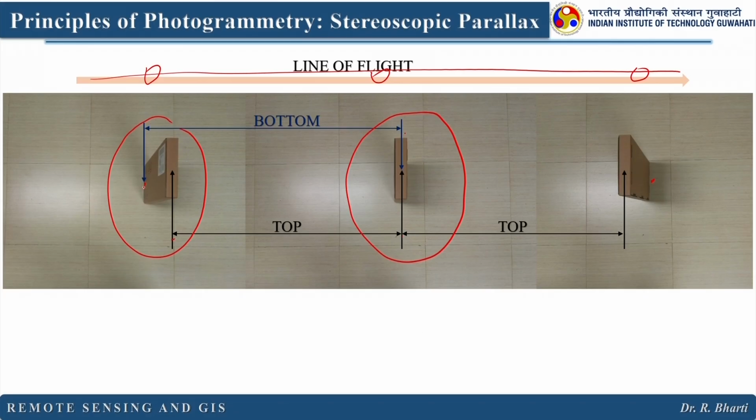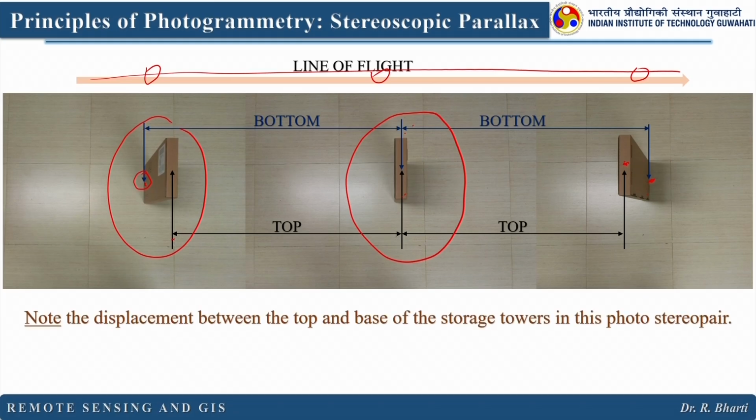So, here in this case you can see this bottom. You can easily pinpoint it and take this distance, but here in this case top and bottom both will be the same, whereas in this one also the top will be different, the bottom will be different. If you have such information, you can always calculate the top and bottom distance from stereo pairs.